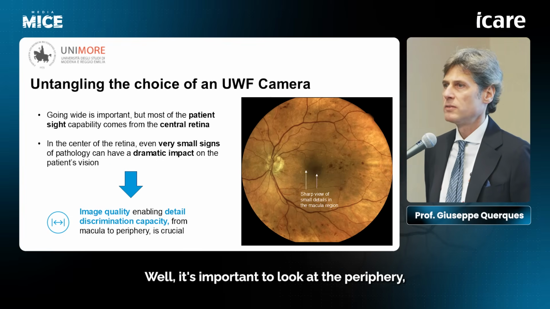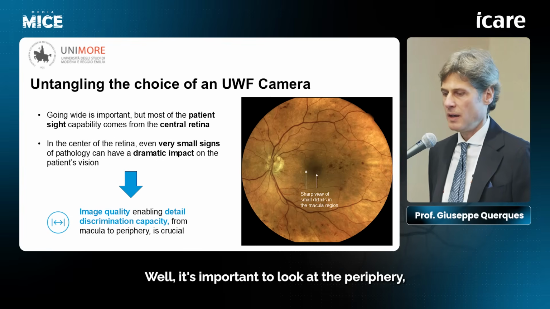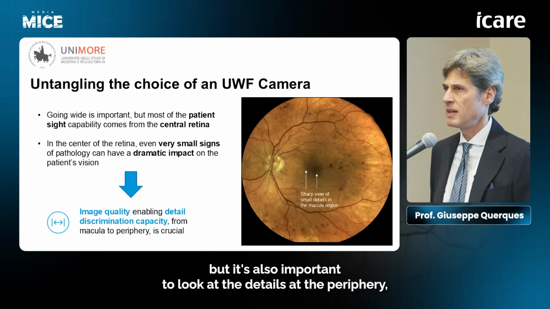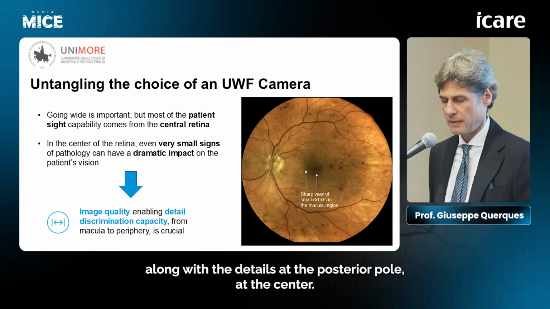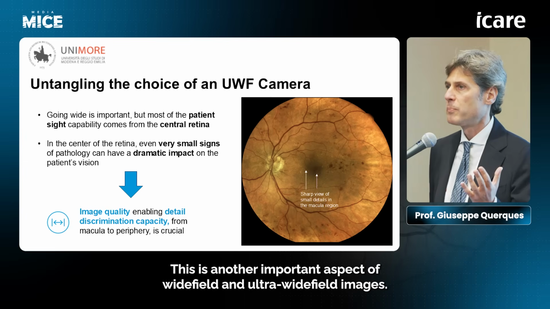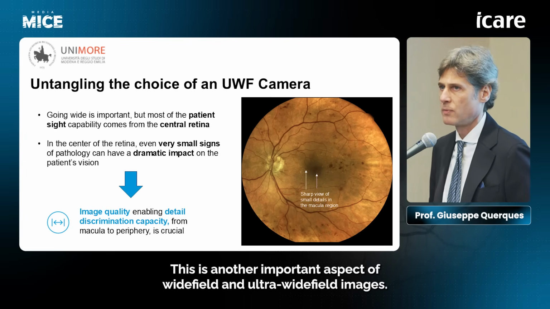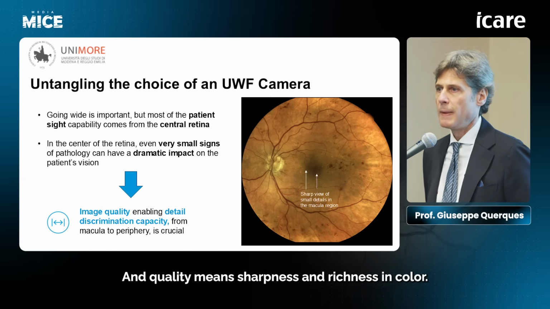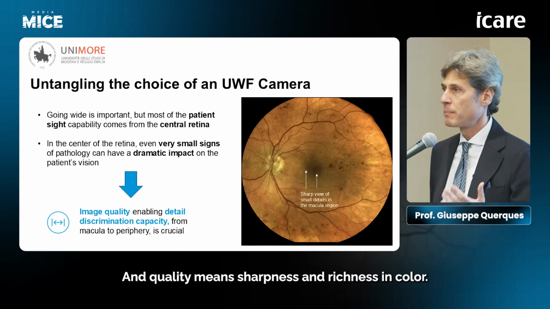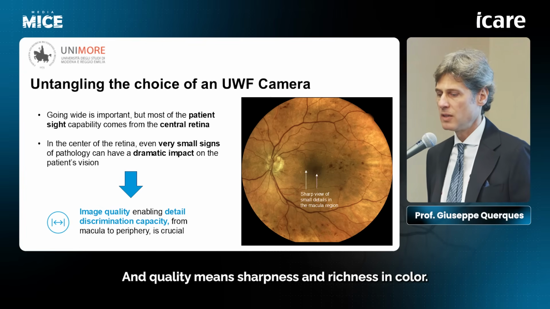Well, it's important to look at the periphery, but it's also important to look at the details at the periphery along with the details at the posterior pole, at the center. This is another important aspect of wide field and ultra-wide field images: the quality of imaging. And quality means sharpness and richness in colors.